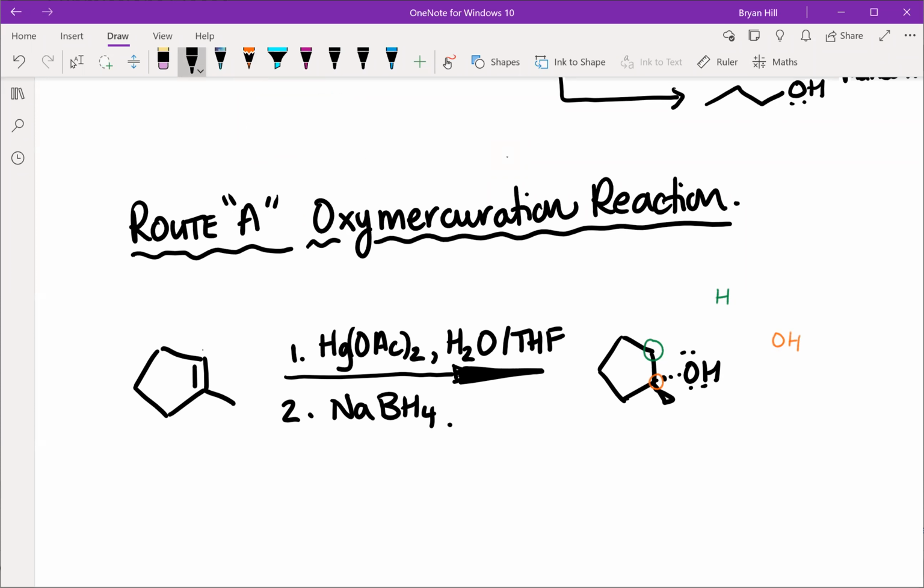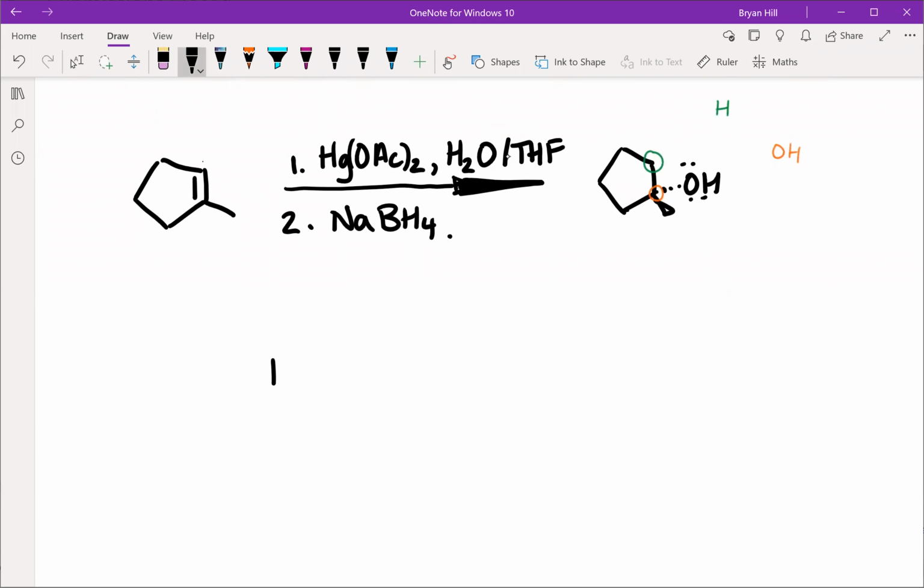So mercury acetate. So remember, the acetate group is this. So this little squiggly line is whatever it's bonded to. So the OAc, it's basically a carbonyl plus a methyl group. So mercury acetate would look like this.